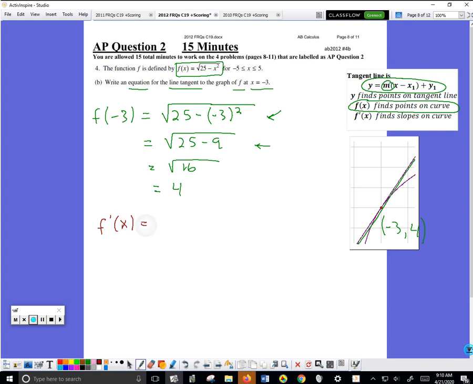is equal to 1 over 2 times the square root of 25 subtract x squared, multiplied by the derivative, so d, of what was inside the root.